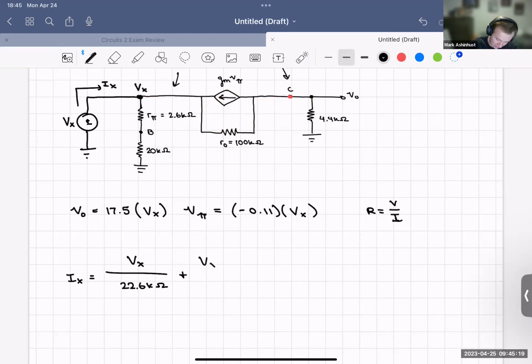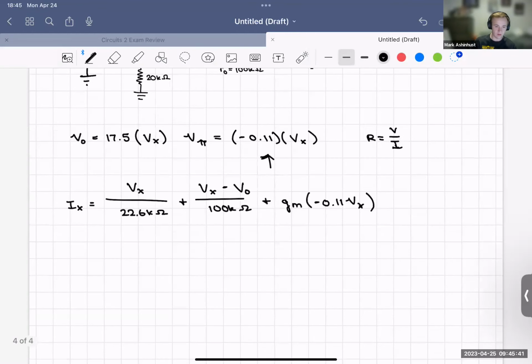So we have Vx minus V out over that 100 kilo ohm resistor. And then we have that gm V pi. We know what V pi is equal to. I just wrote it right here. So we could do negative 0.11 Vx. So we have an equation for our current.